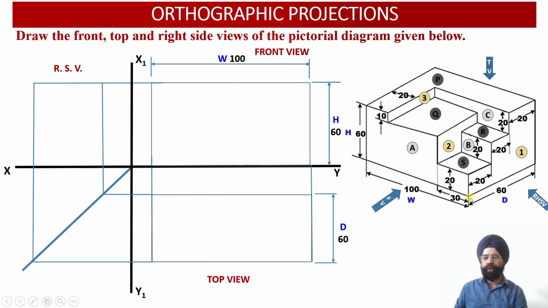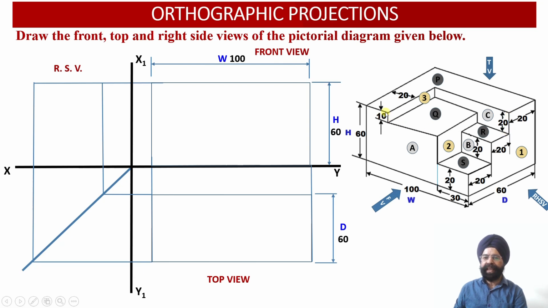If we look at the solid from the right hand side, we observe that there are 3 steps over here. Each step has a height equal to 20 millimeter. The first step has a height equal to 20 millimeter, the second step is also 20 millimeter, and the third step is also 20 millimeter.